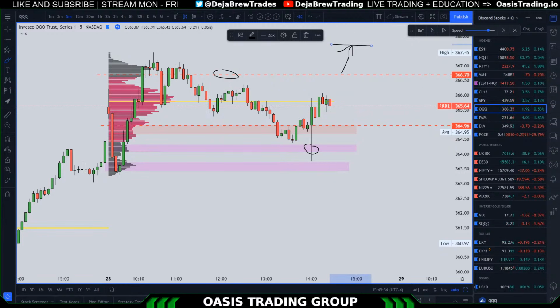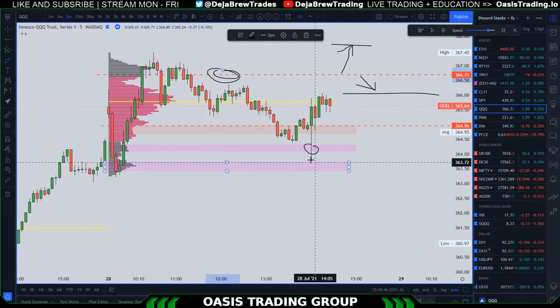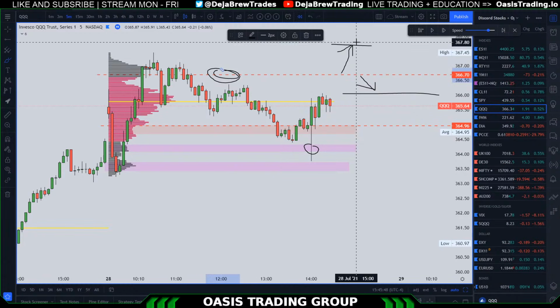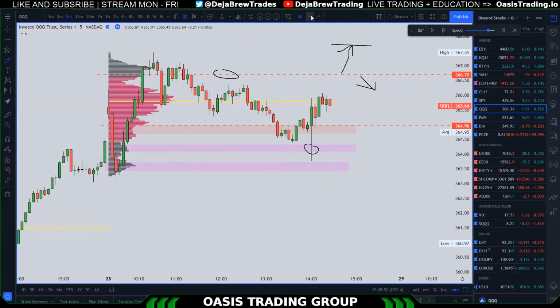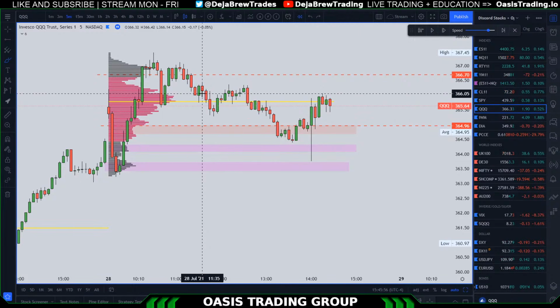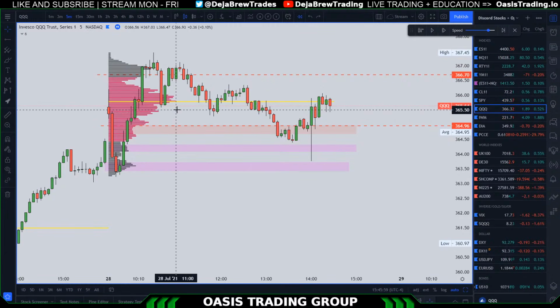But the same thing is said for the downside. If the value area high shifts lower, this could act as resistance. So you have to understand that we are going for the value area high when we took the trade, but when it shifts, it's going to alter our trade a little bit. So just pay attention to the value area throughout your trade.